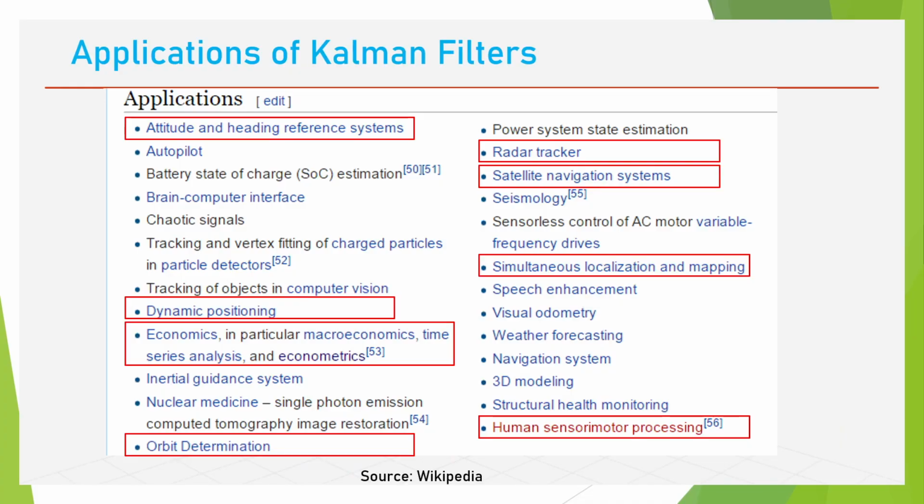And here are some applications where Kalman filter has been widely used. You can see attitude heading reference, I mean the heading of a spacecraft or aircraft with respect to the north axis, dynamic positioning, even in macroeconomics, time series econometrics, orbit determination of satellite or rocket, radar tracker, satellite navigation, simultaneous localization and mapping, SLAM. This is specifically for vehicles, can be mobile robot or unmanned aerial vehicle.